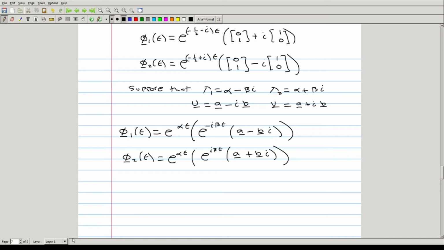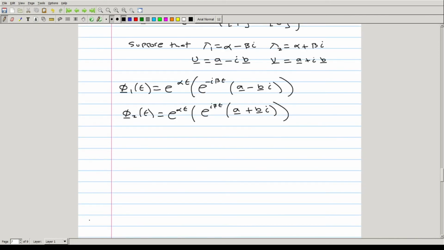And both of these can be simplified using what's called Euler's identity, or Euler's formula.